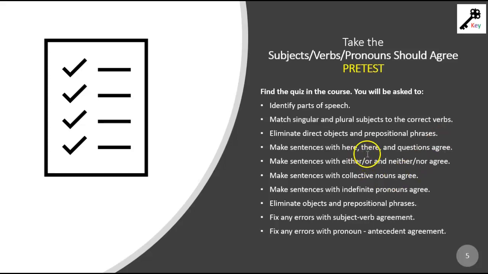Then these are the problems that I see the most often in academic writing. Here, there, when people write a question, things get mixed up as far as syntax goes; either/or, neither/nor, and making the pronouns agree with them. Collective nouns are sometimes a problem, indefinite pronouns, and then errors.